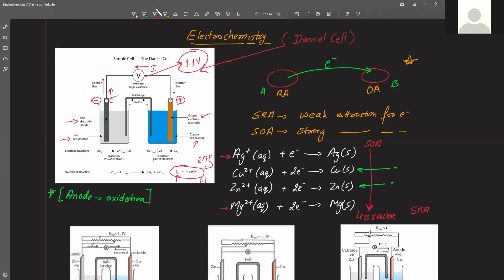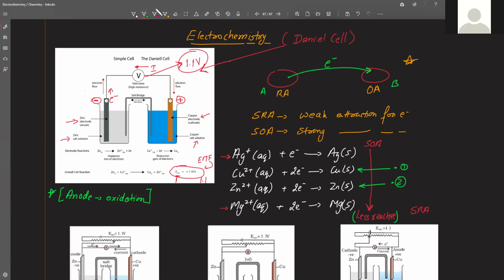Now, as you can see, if you go down, then Zn2 plus, then what is written here? If you go down, the reaction is less reactive. That means you have two reactions, reaction 1 and reaction 2. Which reaction will be less reactive?